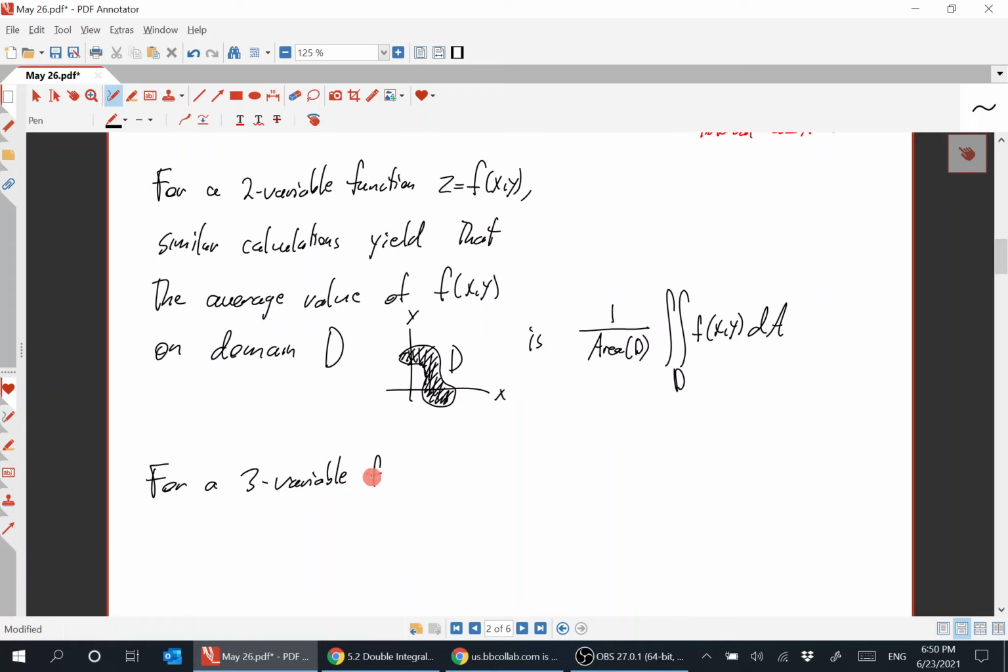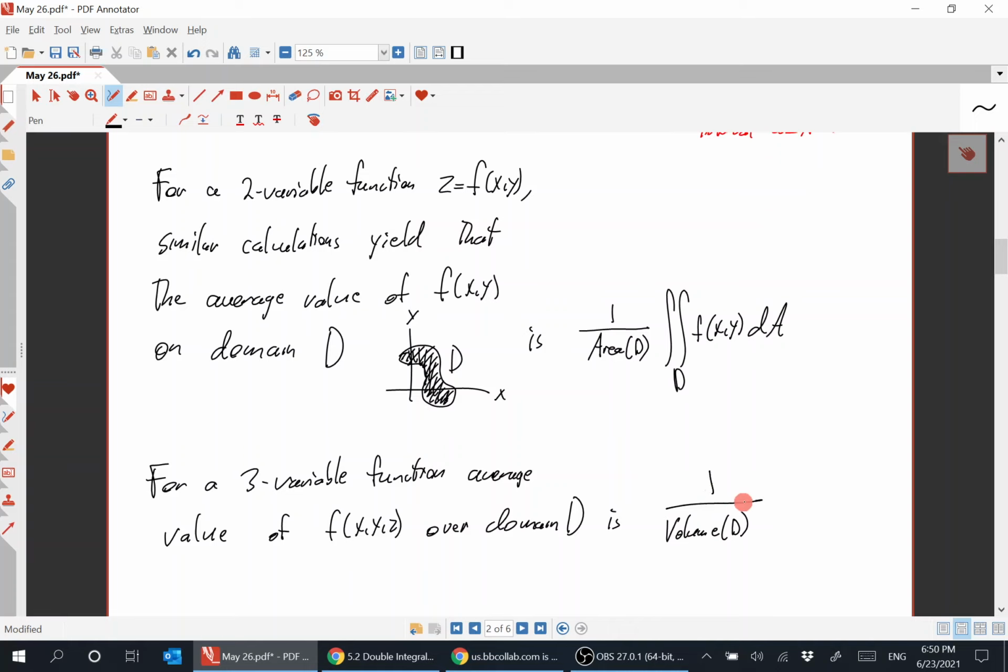For a three-variable function, the average value of f of x, y, z over domain D is 1 over the volume of D, the triple integral over D of f of x, y, z dV.